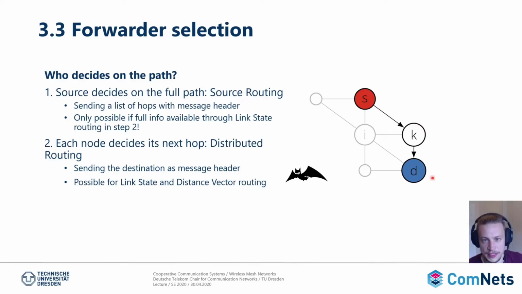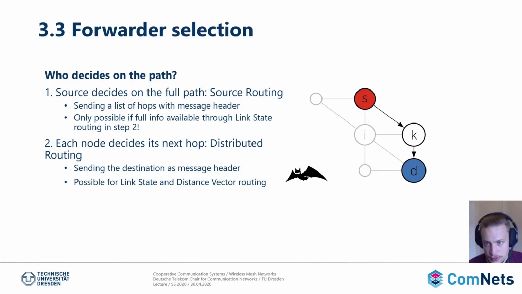Well, in this example, it's quite obvious because they're directly connected here, and they may have a good connection. But K would decide on its own where to send it to. So this works with both link state and distance vector routing calculation. But each of the nodes on the path would have to perform its full link state calculation here, so S and K. So it's a bit more intensive in calculation.